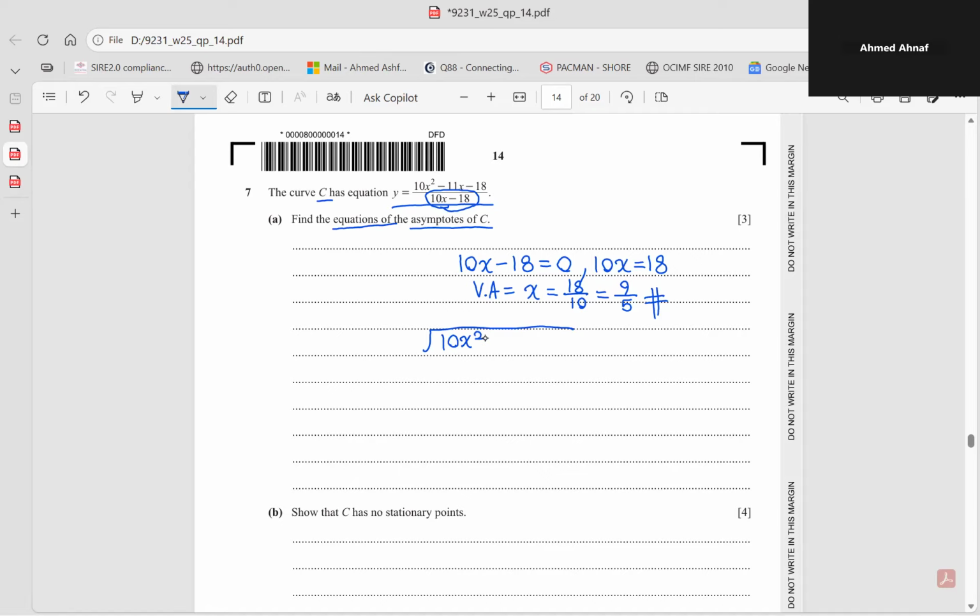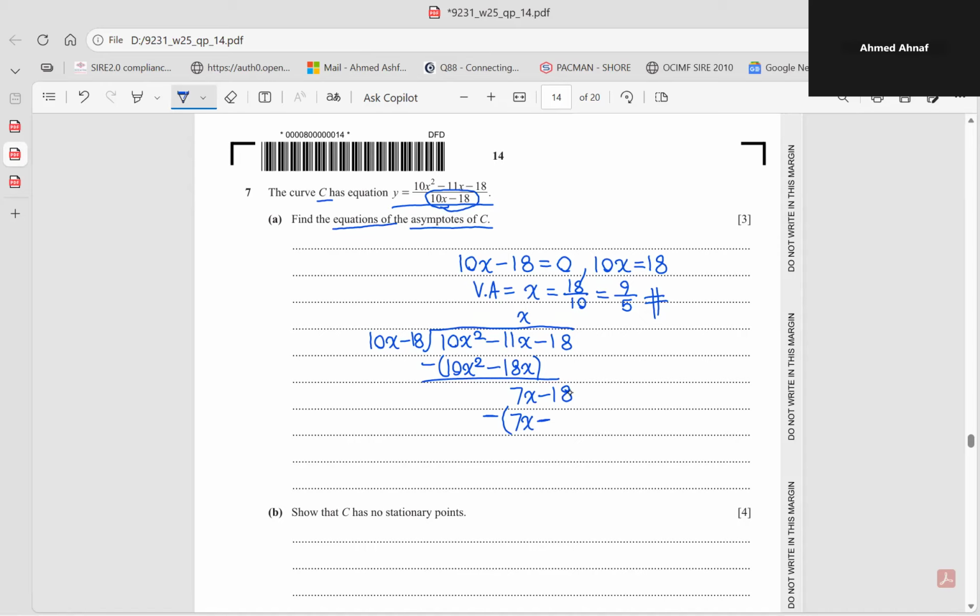Okay, so 10x squared minus 11x minus 18. I'm not going to elaborate on the long division part. So it's going to be 10x squared plus x minus 18x, so minus 11 plus 18, which is 7x minus 18. To make it 7x, multiply by 7 over 10.